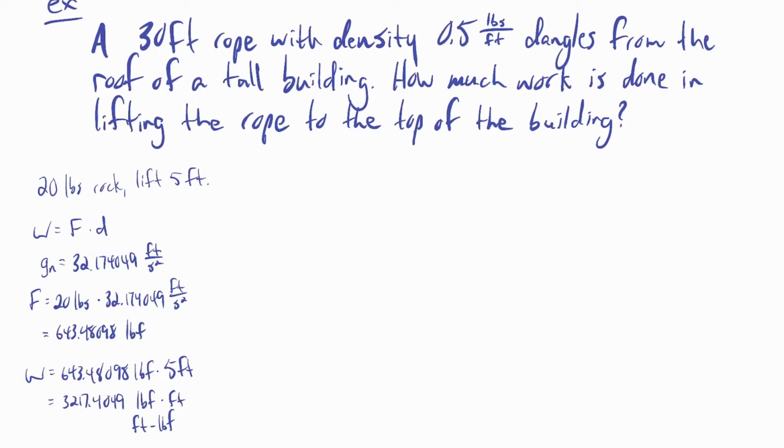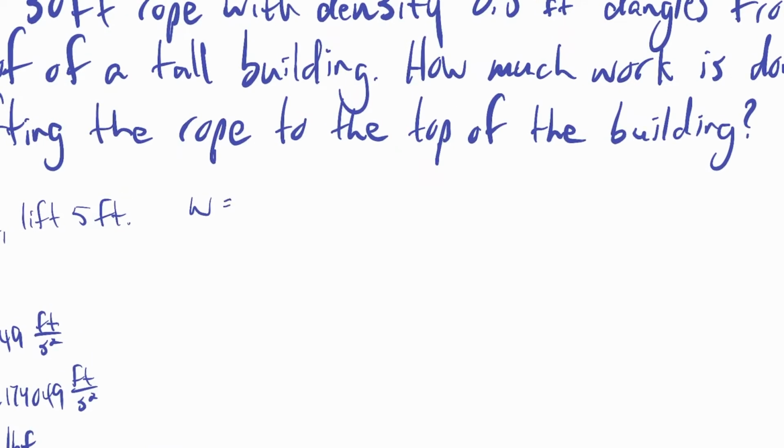So you might say, well, my work is going to be the integral from wherever to wherever of some force, which could be a function, maybe, times some distance, which could be a function, maybe. There's no dx written here because it's not immediately apparent where the differential comes from. It has to come from either the force or the distance.